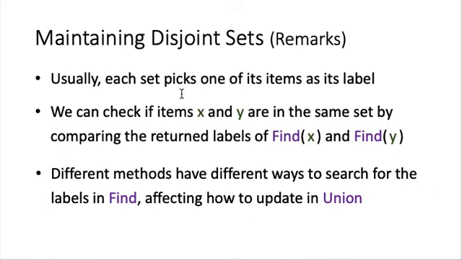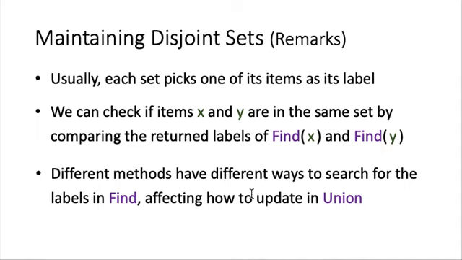Usually each set will pick one of its items to be the label. If this is the case, then to check if two items x and y are in the same set, we can just perform find x and find y, look at the label for the set containing x and the label for the set containing y, and check whether they are the same. If they are the same, then they are in the same set.